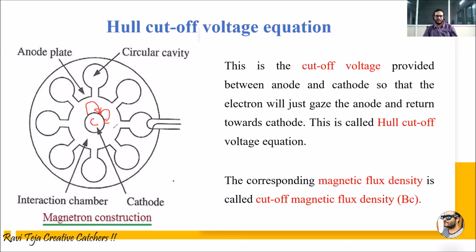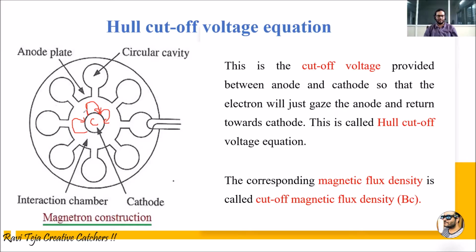So a cutoff voltage is applied such that at that particular magnetic field, the electrons moving from the cathode will take diversions. They will just touch the anode plates and come back towards the cathode as usual. This happens at a particular cutoff voltage, which we consider the Hull cutoff voltage, and we have an equation for that.